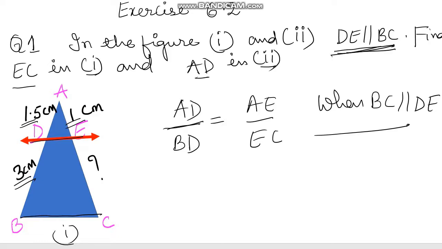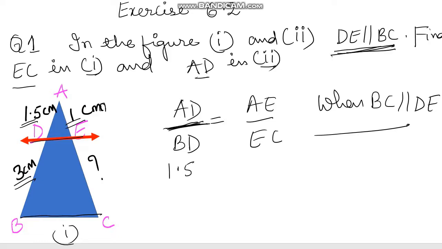Now let us simply put the values. What all are the values? For AD it is 1.5 centimeter. There is no need to write centimeter because we are using the ratio and all the lengths are in centimeters only.